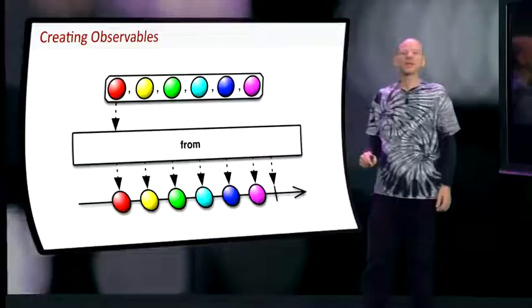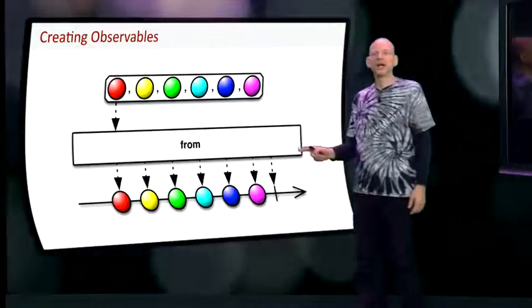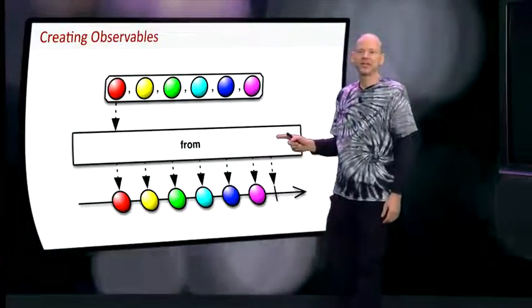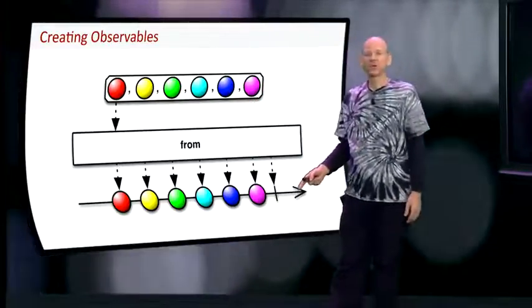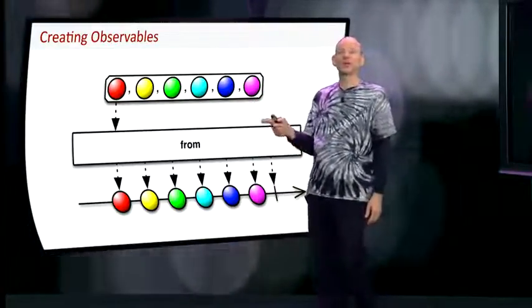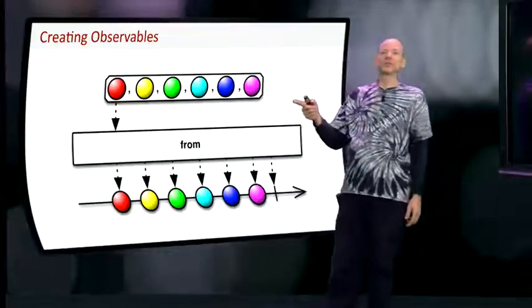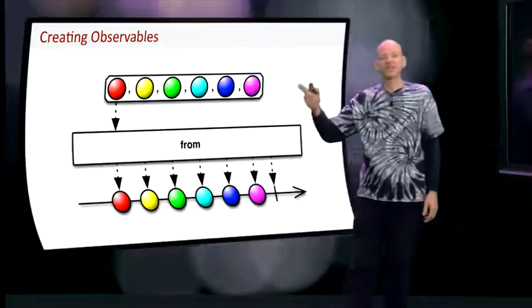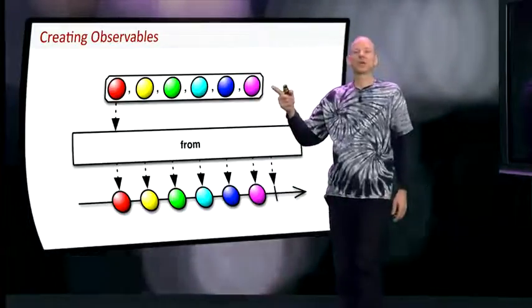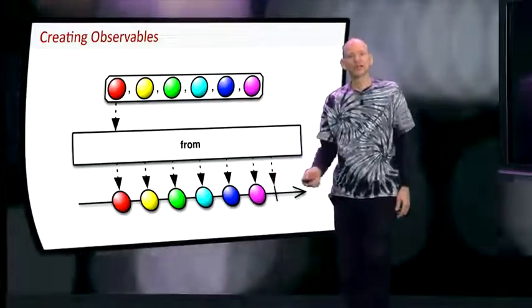As the last example, I want to show you how to create an observable from an iterable. All right, and then of course you can also go from an observable to an iterable with toBlocking, but I want to go the other way now. So in some sense you can go in both directions.